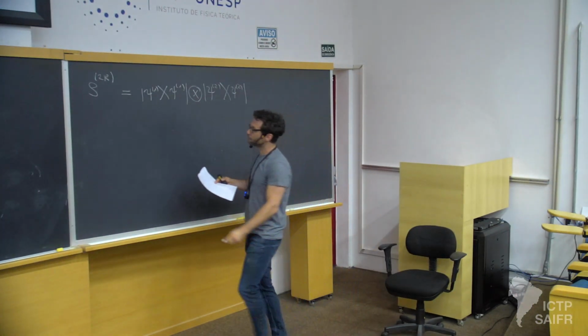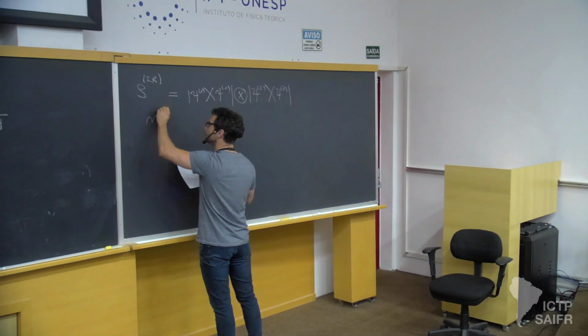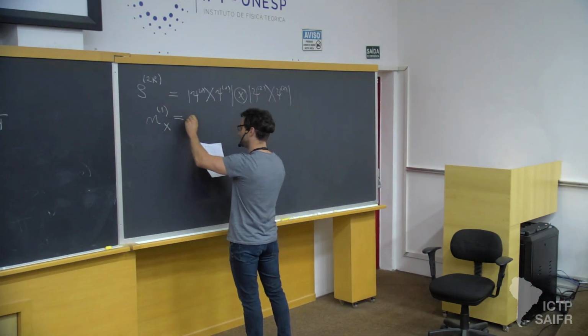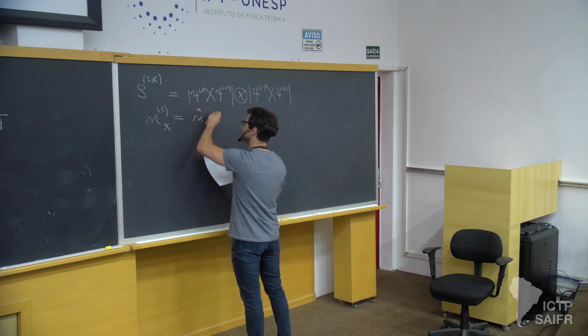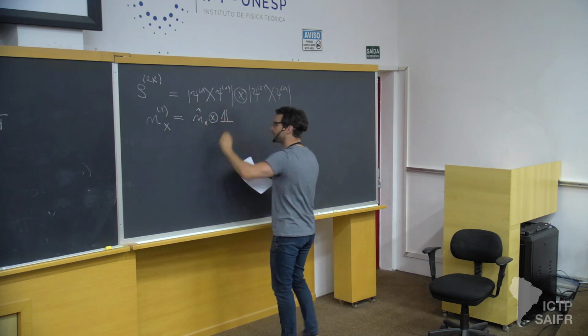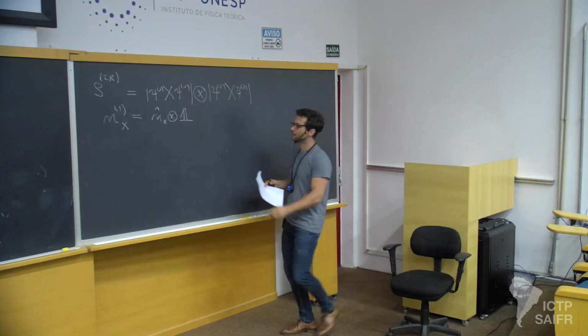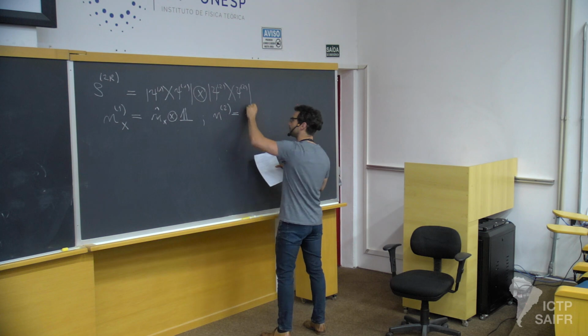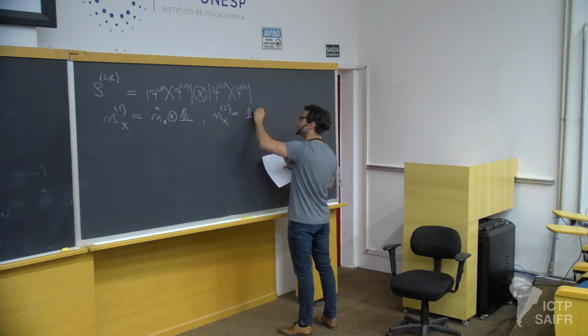And then we introduce density operators, which act on replica number 1, and another one which only acts on 2.